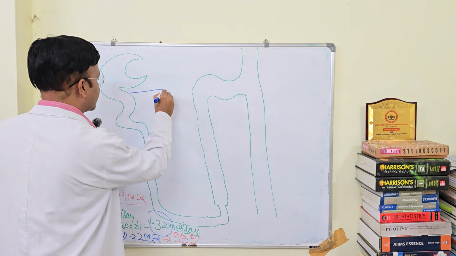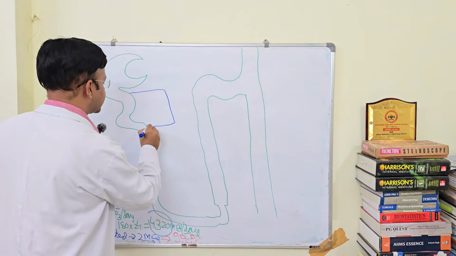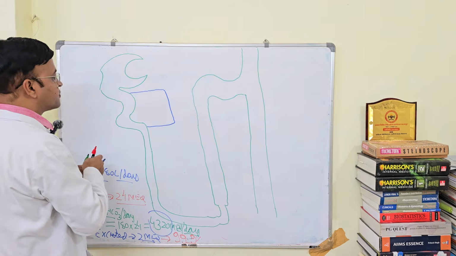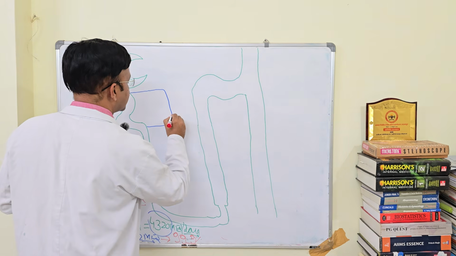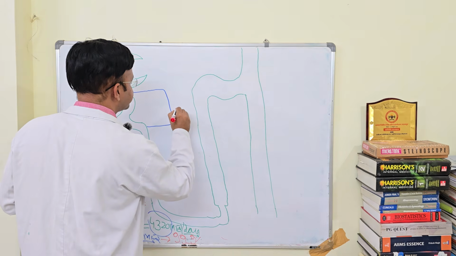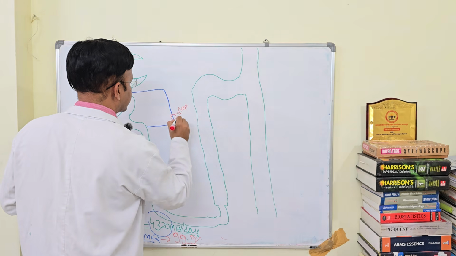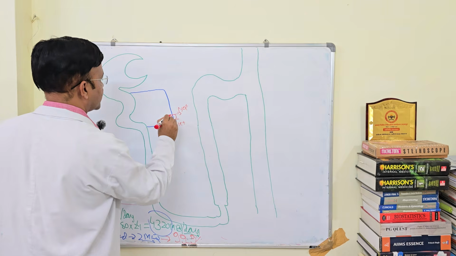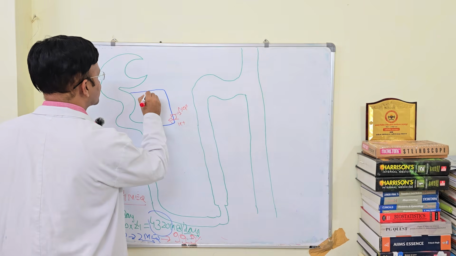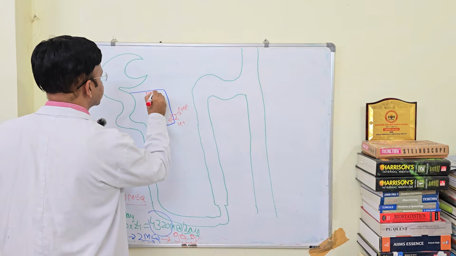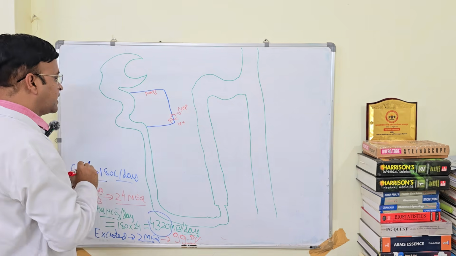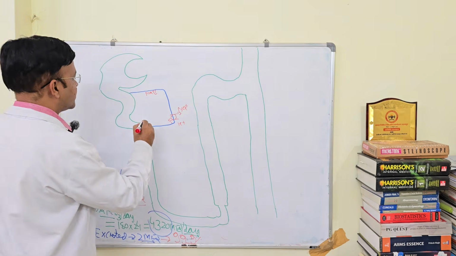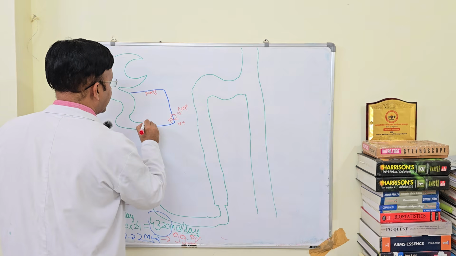Now let's enlarge one cell of the PCT. On this side of the PCT we have our main hero, our sodium potassium pump. If sodium is being pumped down, that means sodium inside will be less. Apart from this, we have H2O plus CO2 combining over here.